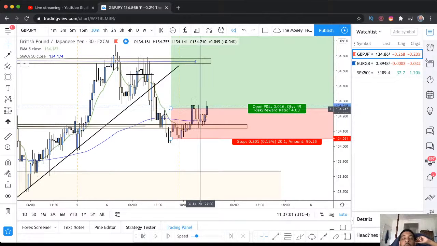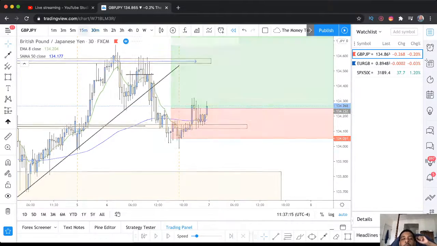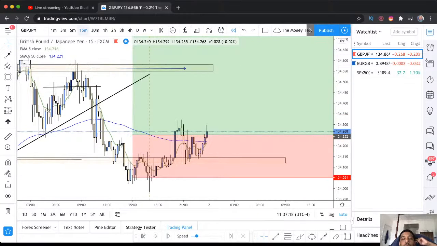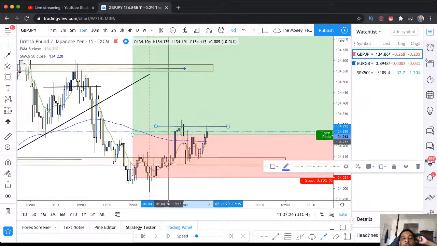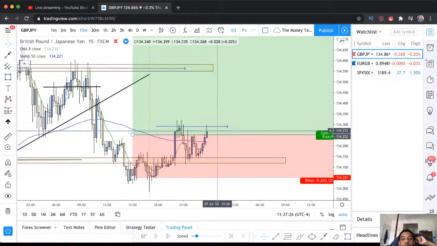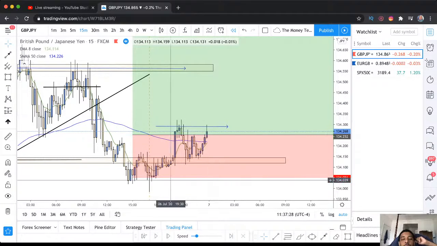You don't want to add to your losing position because you're just adding more risk and you're already in a losing headspace, right? So it's better to wait. So now what I'm gonna do is, let me break above this area, I'll look to enter another position.